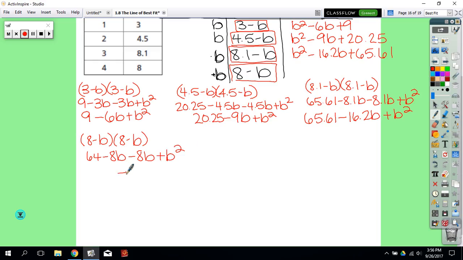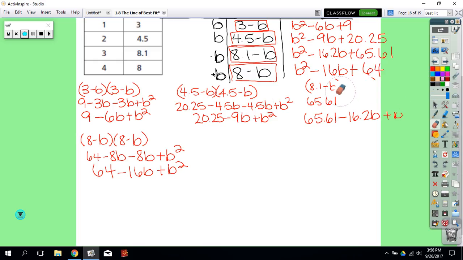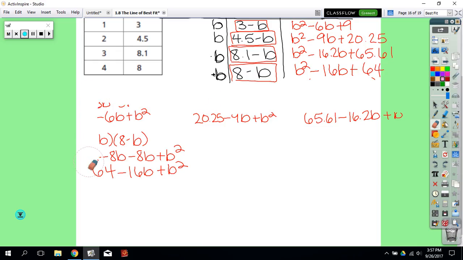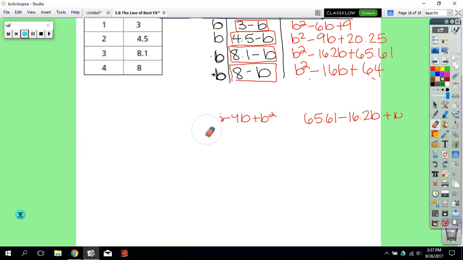Combine your like terms, negative 16b plus b squared, bring down the 64, and then this is our last error squared. So b squared minus 16b plus 64. All right, so I'm going to get rid of all this down here.